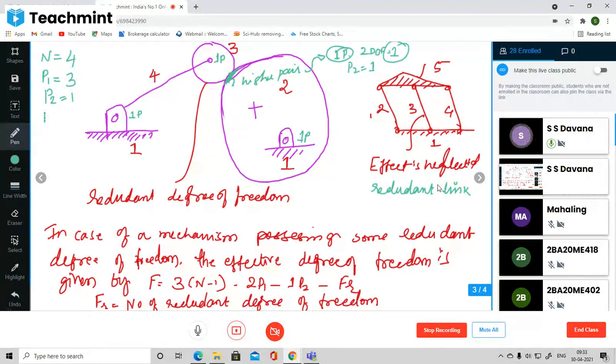Now, how many links are here which have a redundant freedom? It has 1, right? Now let us substitute in this modified Gruebler's relation.